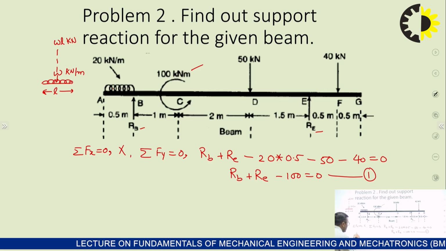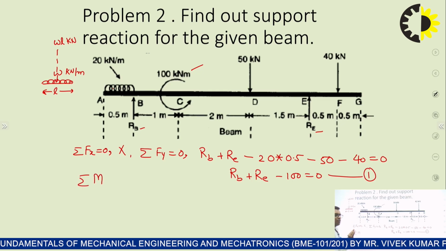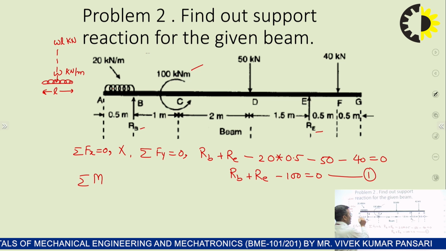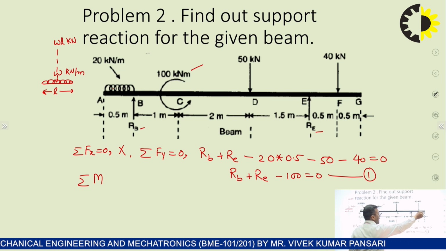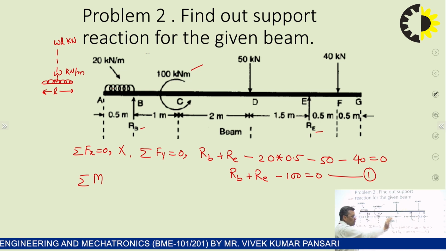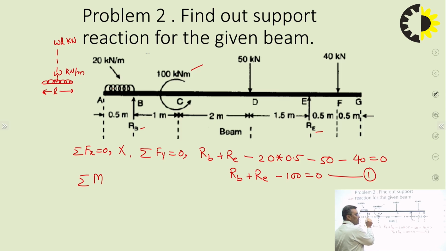Now I am writing the equation for the moment. Sigma M, I can choose any point. I can choose either the point A, B, C, D, E, F, G or any other point in the plane of the board. But conventionally, we prefer the point at which the supports are. Why? To eliminate one of the unknowns.